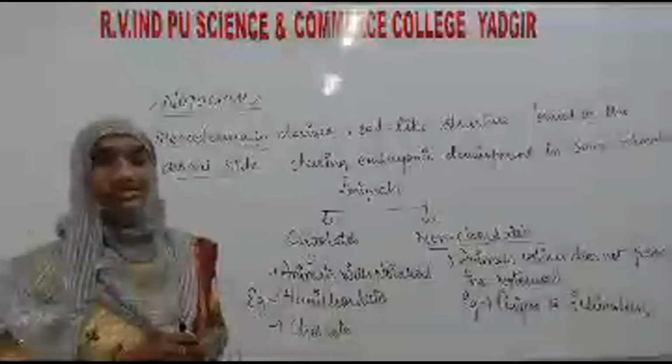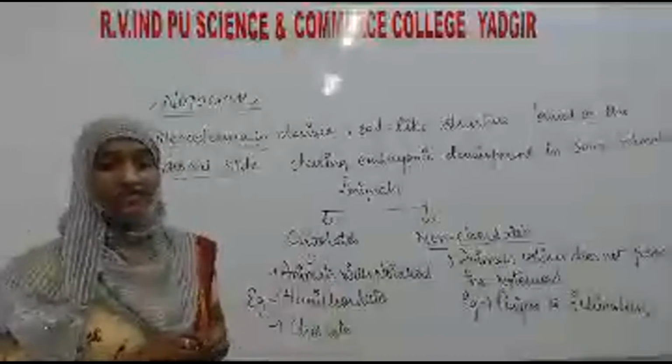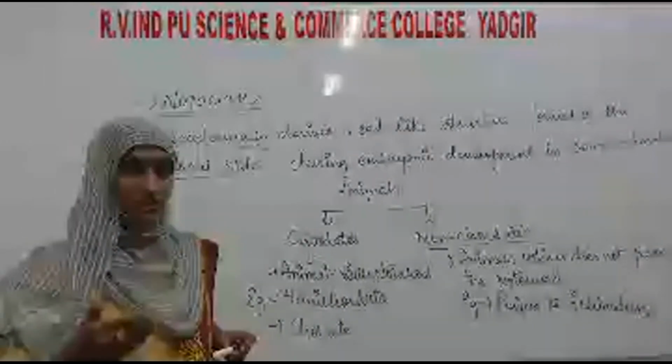So one flowchart is there to understand easily about all the 11 phylums.